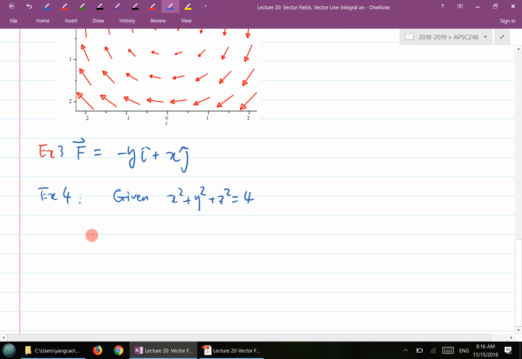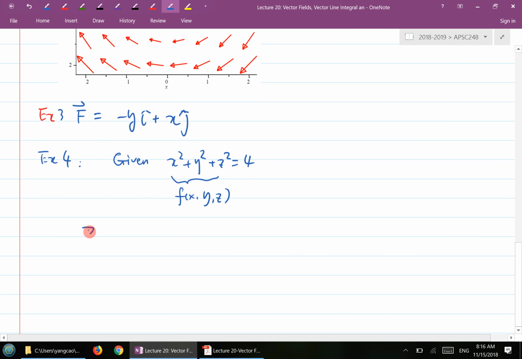Now this side here, let's call this f of x, y, z. So this is a function of 3 variables. And now I'm going to calculate the gradient of this scalar function f.